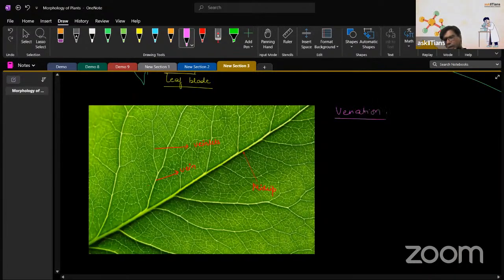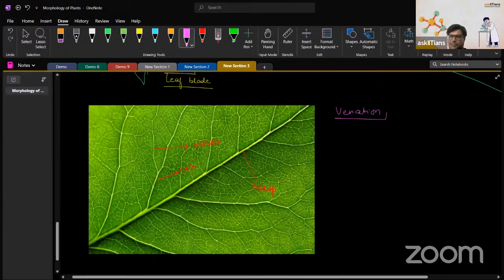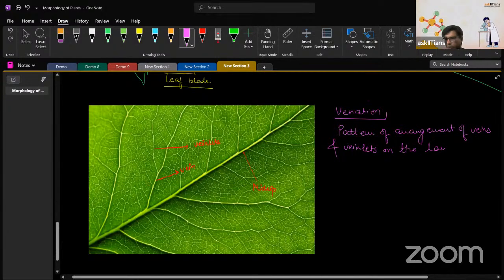The pattern of the veins is called venation. Venation is the pattern of arrangement of veins and veinlets on the lamina or leaf blade, whatever you want to call it.